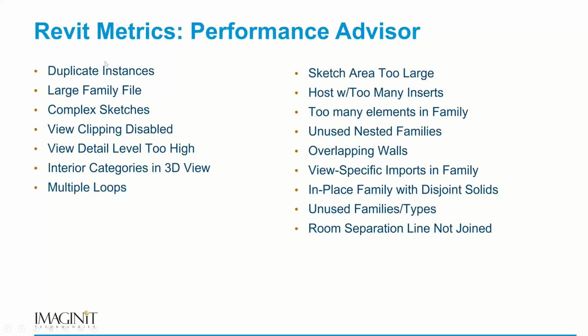And then on the Revit side, we also have a group of, I think it's 17 different metrics that Autodesk published a number of years back as what's called Revit Performance Advisor. This is a part of the API that's sort of obscure, but it's out there, and Autodesk has published it as 17 different reasons why your Revit model might be slow.